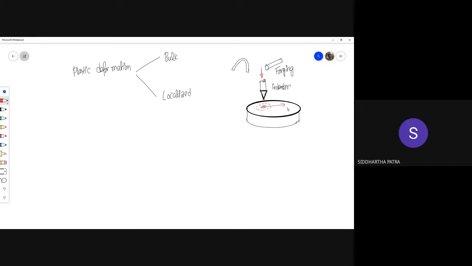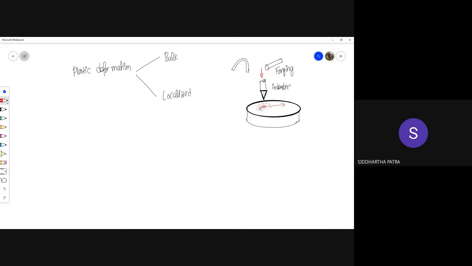Okay, so let's say the yield stress is 200 MPa. At the time of indentation, where you are indenting, the stresses would be more than 200 MPa.